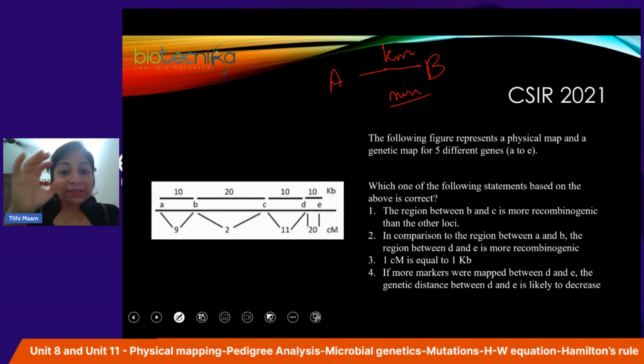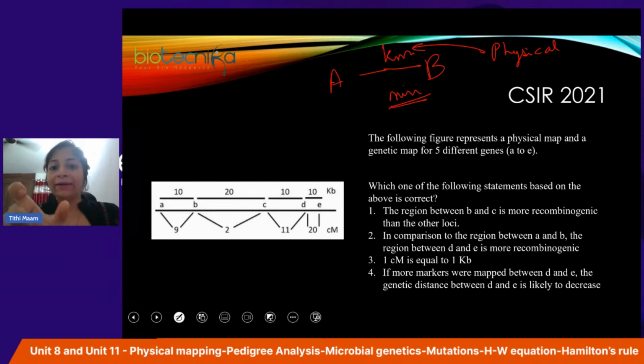When we compare this analogy with physical mapping and genetic mapping, kilometers correspond to physical mapping, where we find the distance between genes in terms of base pairs, which is the actual distance between the genes. Now, when I'm saying minutes, there are criteria attached, such as whether points A and B are in the busiest part of the city or not.